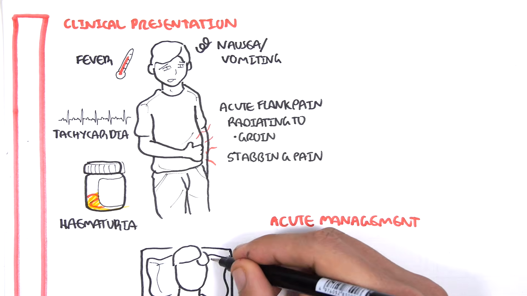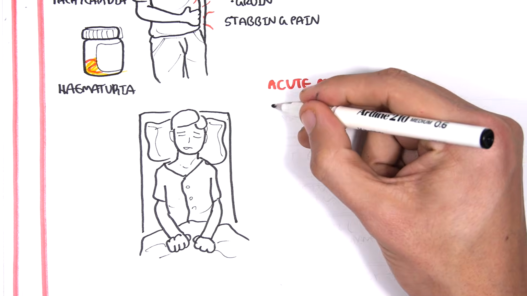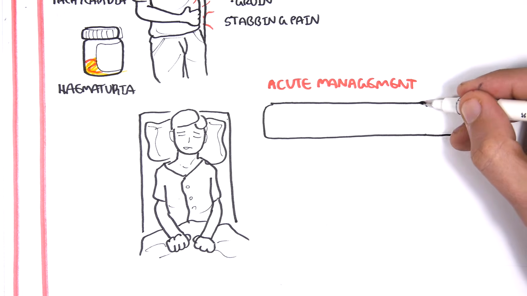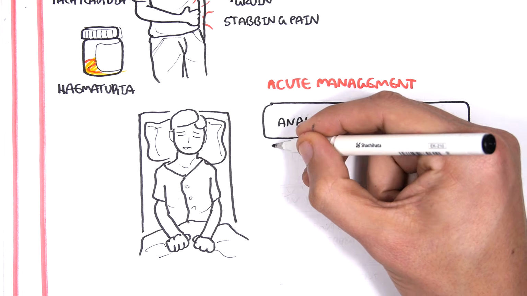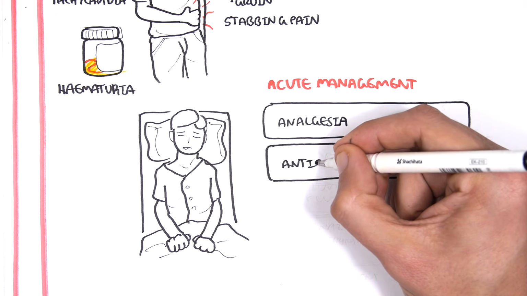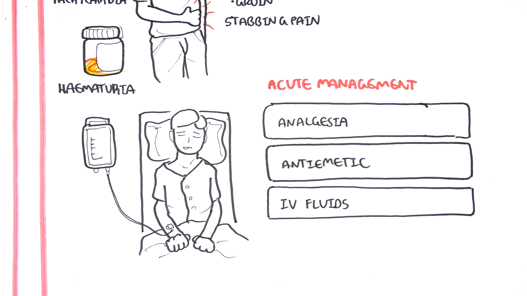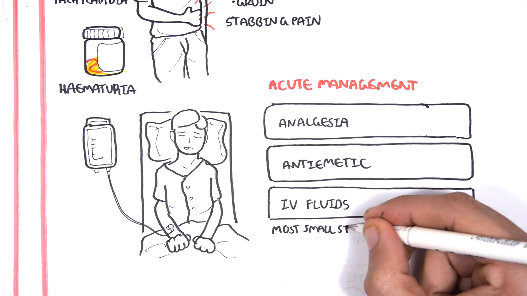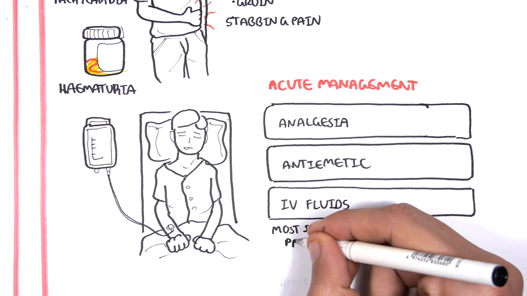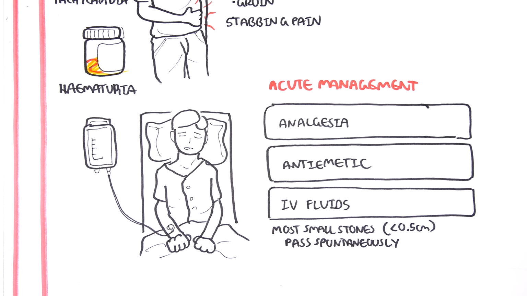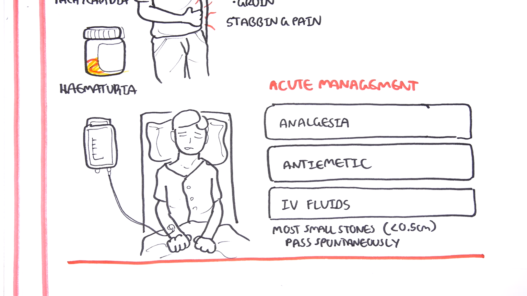So in an acute setting, analgesia is given with or without an antiemetic to prevent vomiting. IV fluids are administered carefully. Most urinary stones, if small, less than half a centimeter, will pass spontaneously without any intervention.